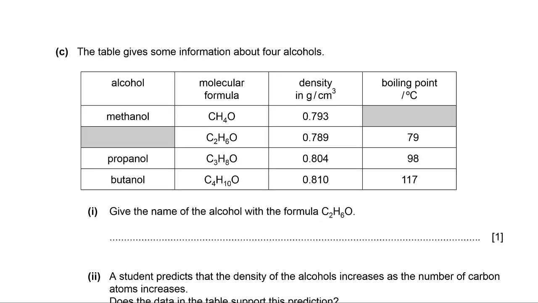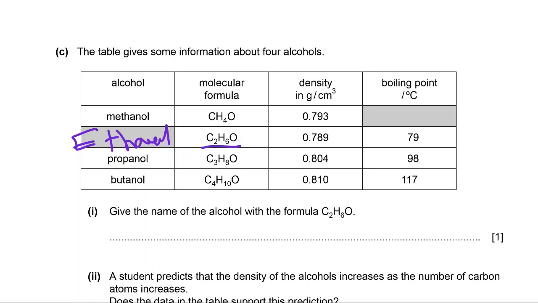The table gives some information about 4 alcohols, methanol here, and this one, how many carbons here? 2 carbons, so this one is ethanol. And as you know, the boiling point and melting point increase as the number of carbons increases.